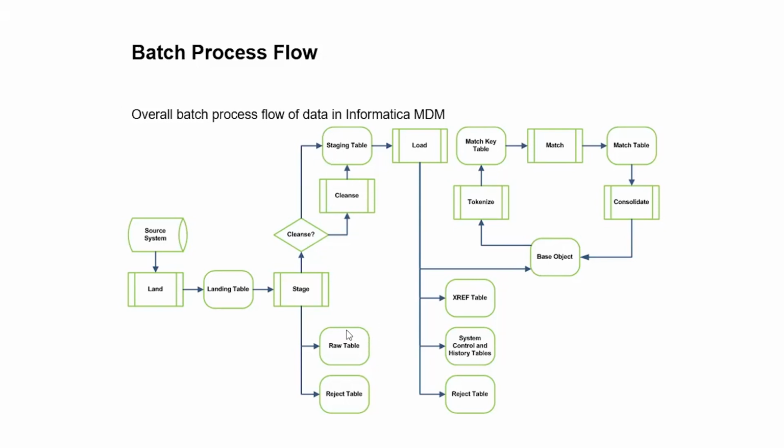So a stage table will have two tables, raw table and reject table. Raw tables, as I already told, store the previous information. It's for audit trail purpose. And reject table. So whenever there are rejections to that stage table, then that information will be stored into this reject table. So reject table holds the data.